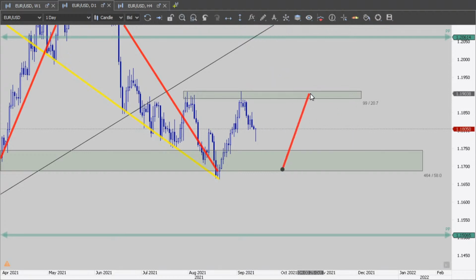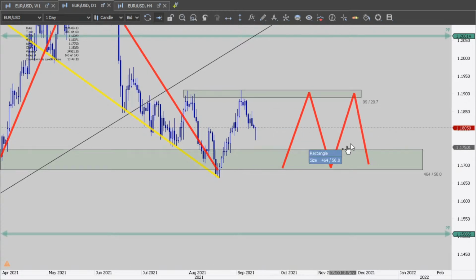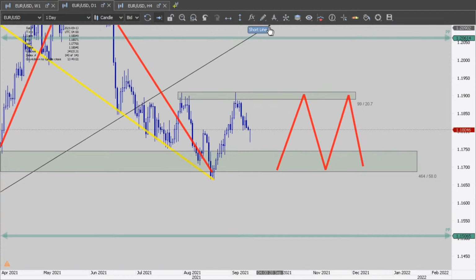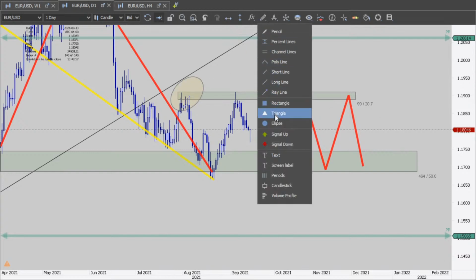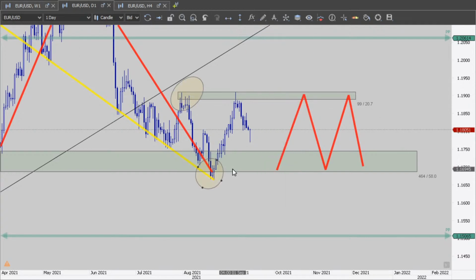We learned about this, everybody. In order to confirm consolidation, we need to have, most likely, equal highs and equal lows, okay, on the same area. So we have the first high, we have the first low, and then we have the second high, but we don't have the second low yet.